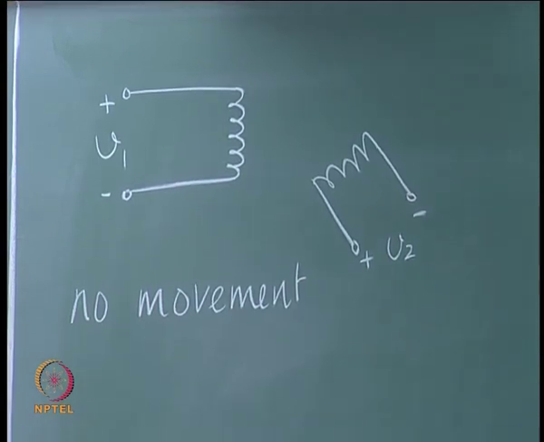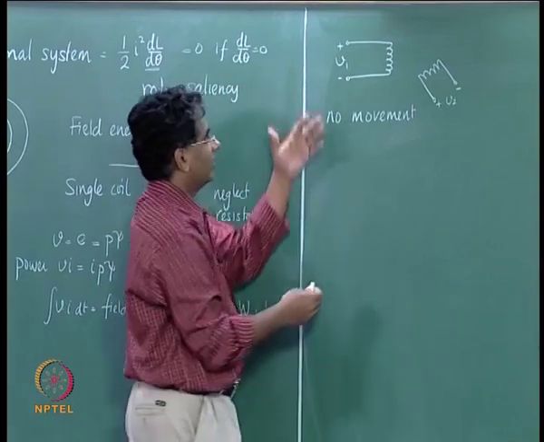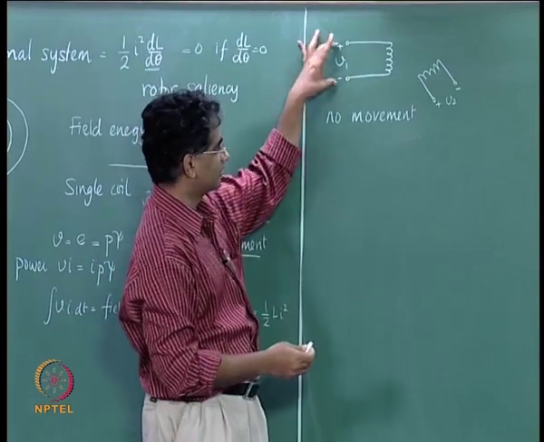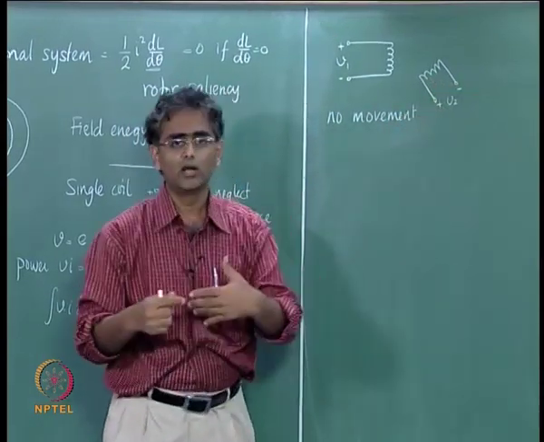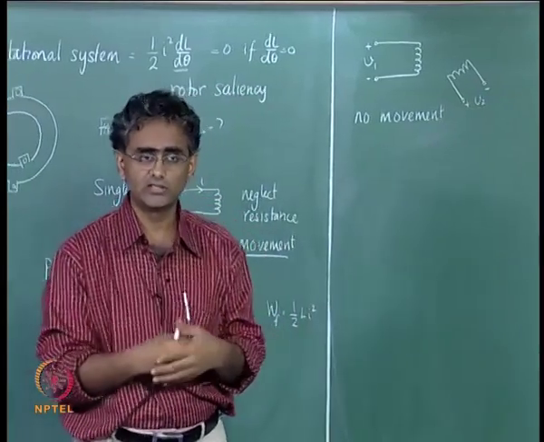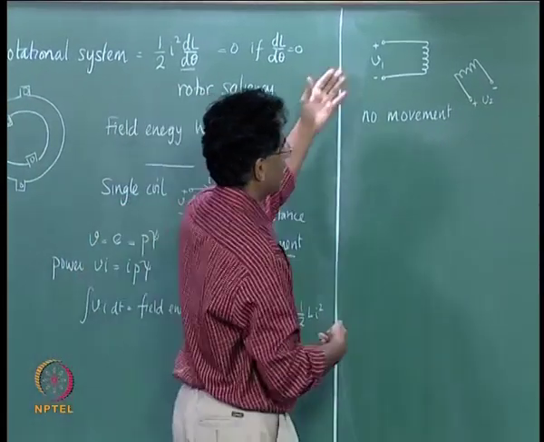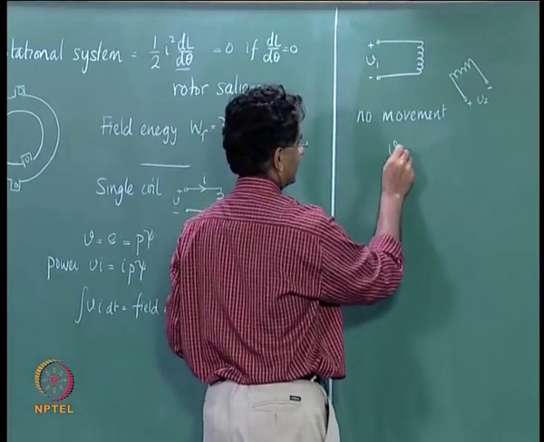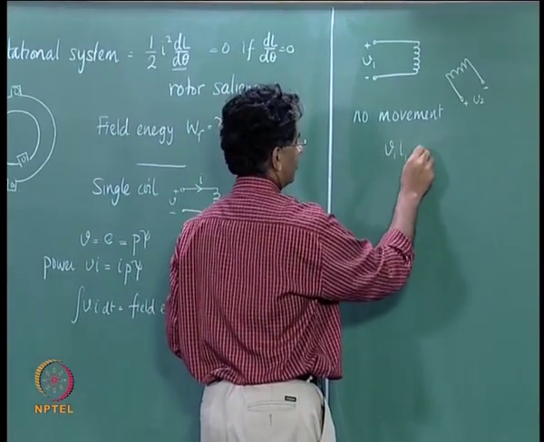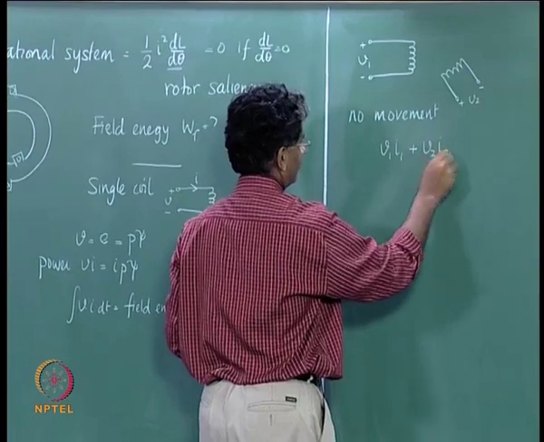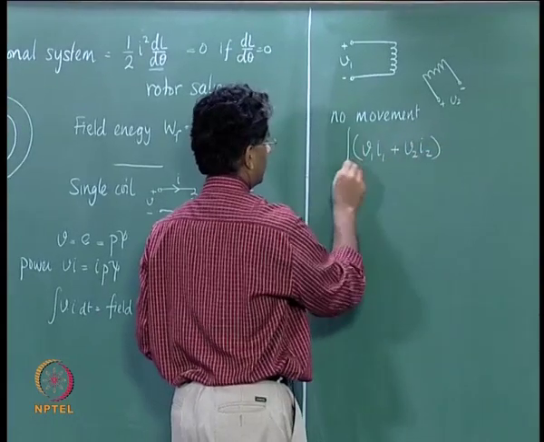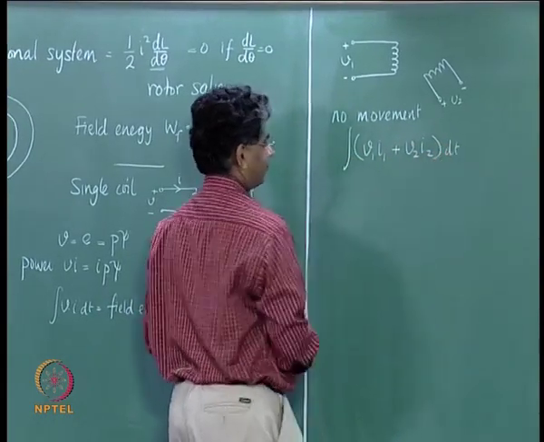In that case, again the entire energy that is given through this terminal as well as this terminal has to go as field energy that is stored, and the energy that is given can be written as the integral with respect to time of V1 into I1 plus V2 into I2.